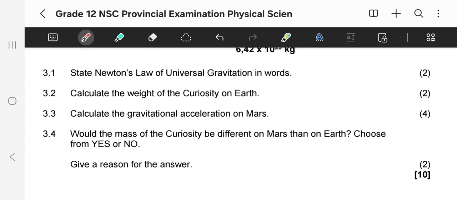Guys, if they want you to find the gravitational acceleration on Mars, the formula you use is g is equal to capital G M over r squared. In this case, we are dealing with planet Mars, so the information we will use is planet Mars. This formula, by the way, can also have d here instead of r. Please be aware of that.